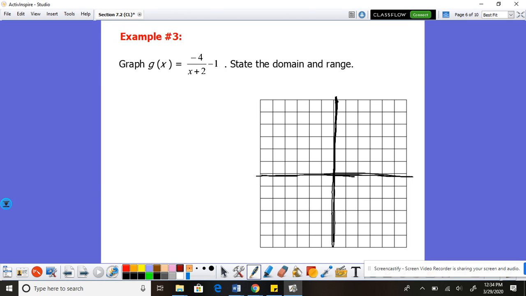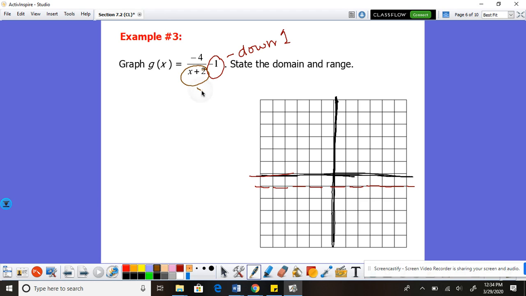Now, this right here tells me I'm moving down 1. Okay, so if I'm moving down 1, this is going to be my asymptote because normally my asymptote is the x-axis. Now it's going to be y equals -1. Okay, so I went down 1.